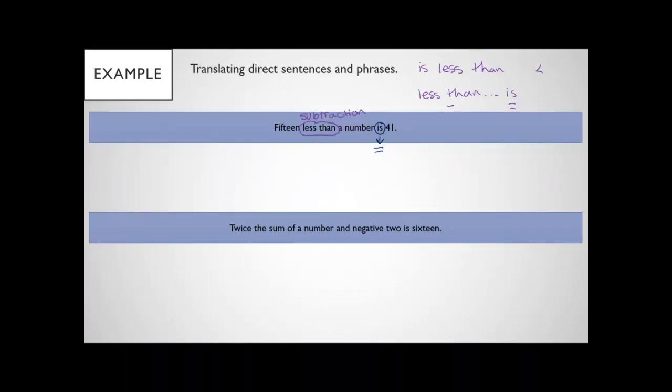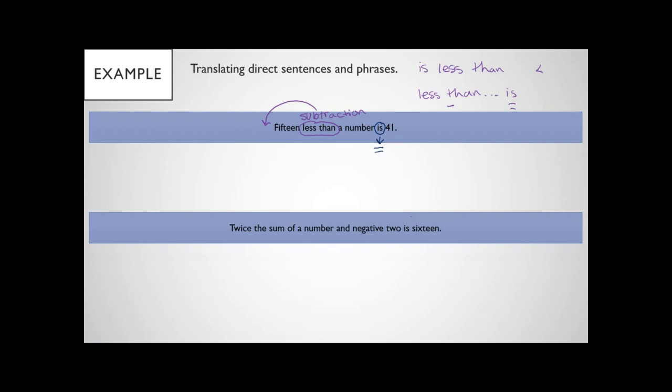And when we do that, we're going to make... let me read through this again. Sometimes I have to read through this multiple times. So, 15 less than a number. 15 less than a number means that you're subtracting 15.